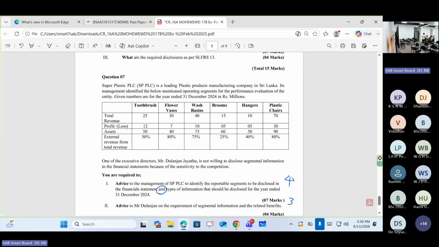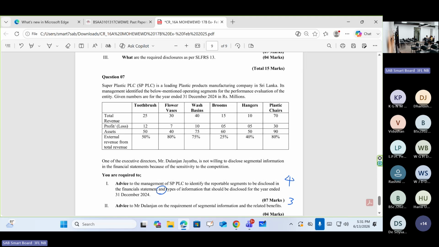Any doubts, any questions? Divided by 286. Then that one, they are not satisfied.